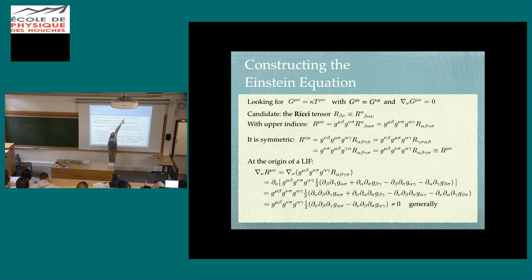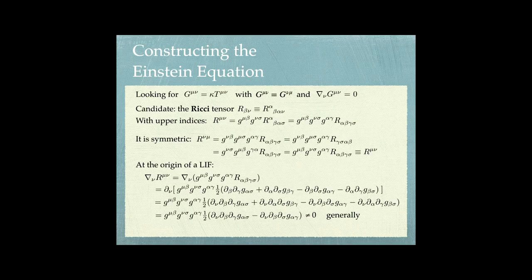And also because this side has 0 tensor divergence, this had better have 0 tensor divergence. And so we're looking for a way of constructing this out of the Riemann tensor that has these two characteristics so that the two sides are consistent with each other. Does that make sense?